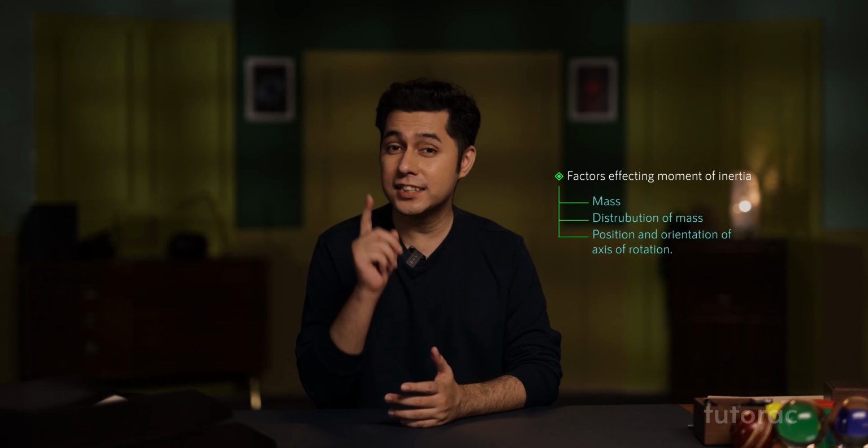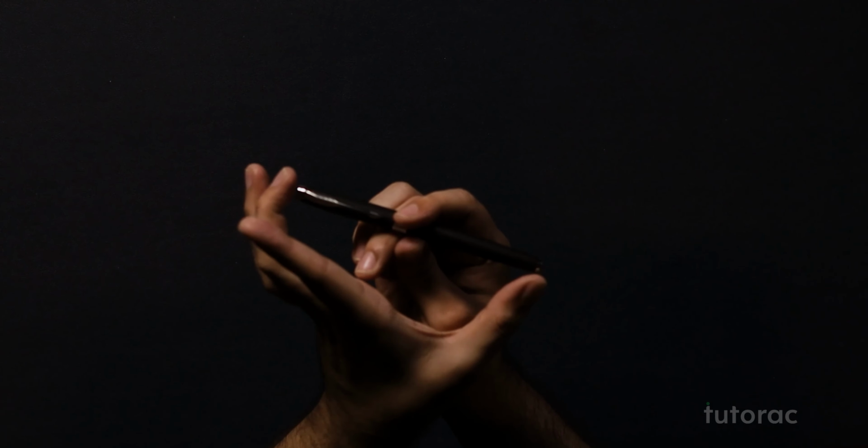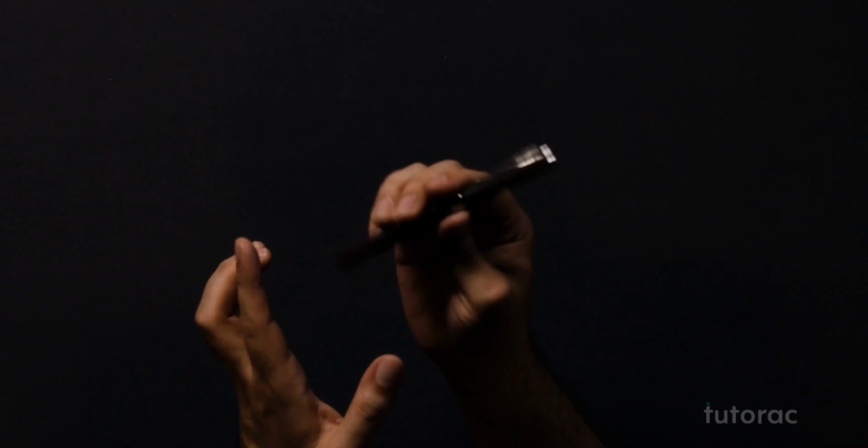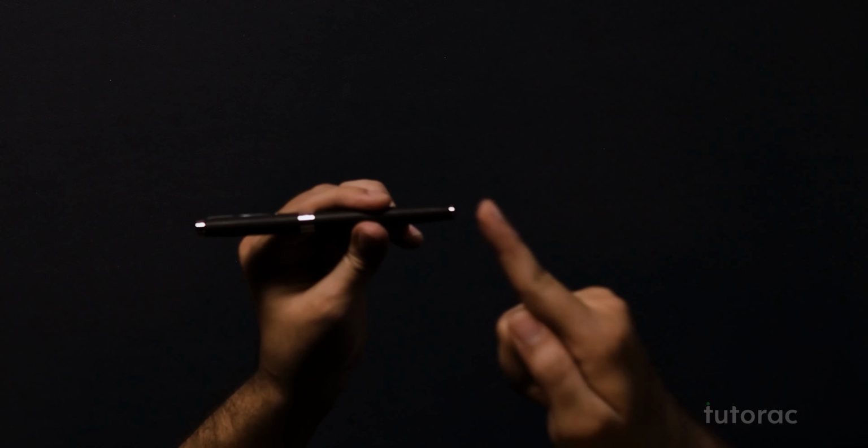Position of the axis plays a very important role. Like this, observe. For this pen, if I am rotating from the middle, the distribution of mass is happening till here, till here. That means the distribution is near only. But if I take the same pen and rotate about the end of the pen, then the distribution is more away.